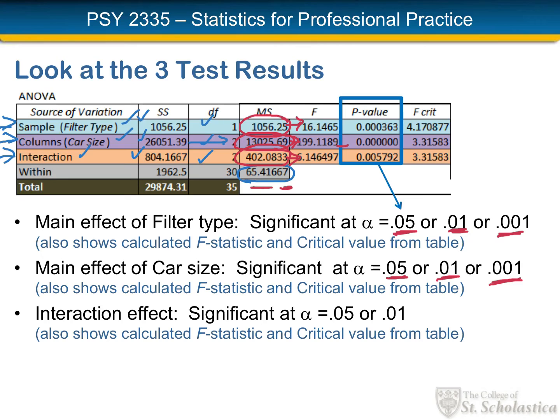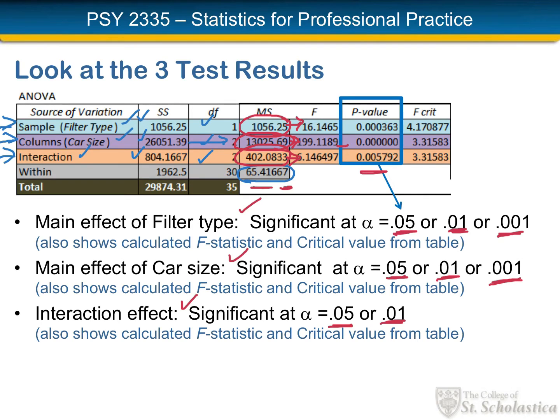And finally, if I look at the third result, the interaction term, my p-value is less than 0.05, and it's less than 0.01, but unlike the others, it is not less than 0.001 because the p-value here is actually 0.005, and that's greater than 0.001. But I am going to call all of these a significant result.